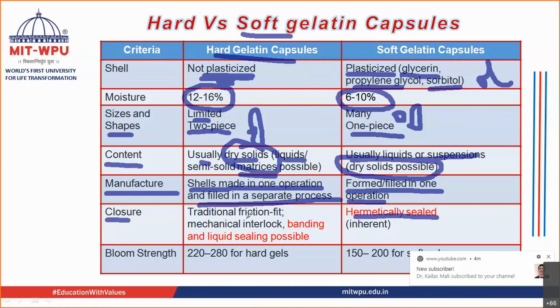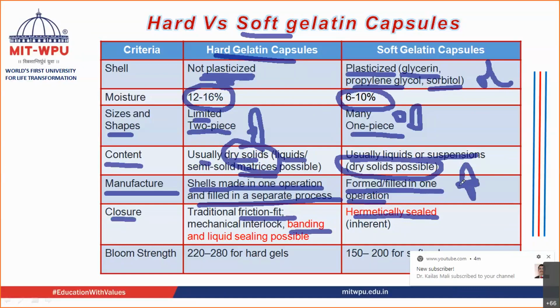It is basically the friction fit, where the body is fitted inside the cap, and a mechanical interlocking takes place. Also, sealing is possible with the help of banding, whereby you have the cap, you have the body, and you have a band over it.